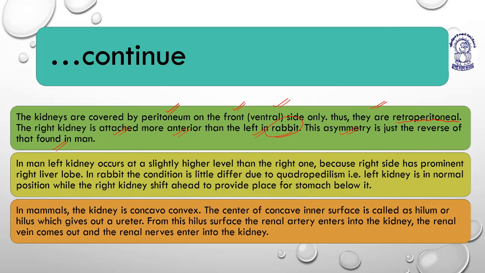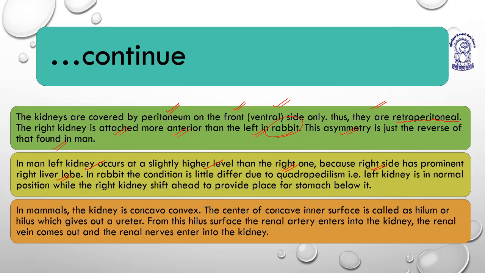The concave side of each kidney faces inwards and the convex side outwards. In man, the left kidney occurs at a slightly higher level than the right one because the right side has the prominent right liver lobe.